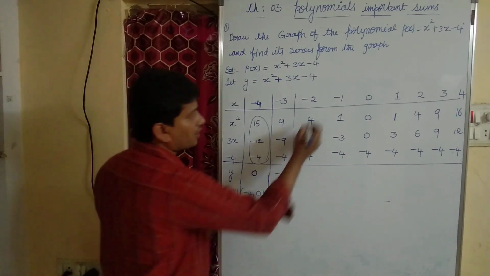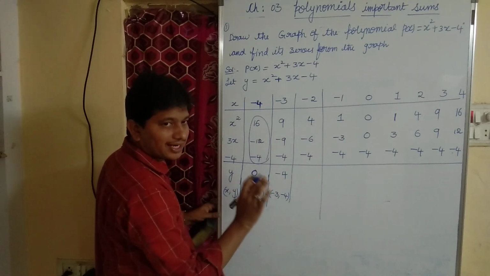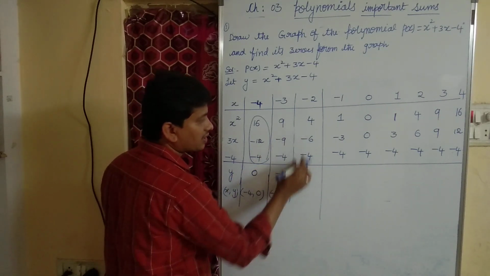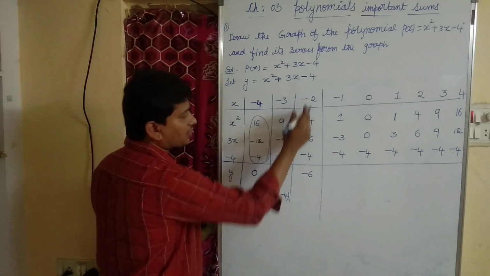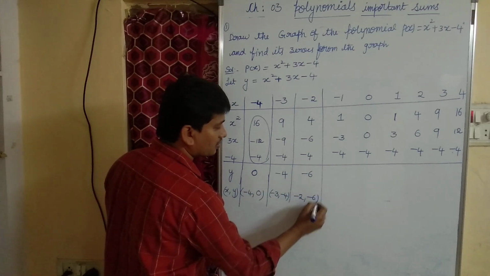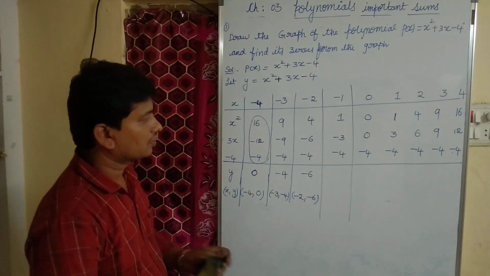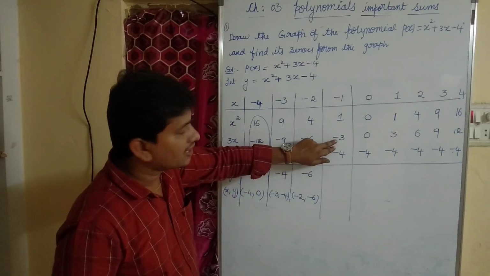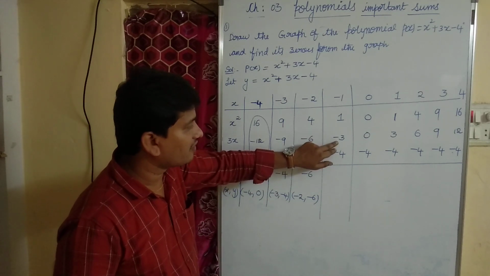Now coming to the third term, plus 4 minus 4 gets cancelled. We have minus 6. So x value is minus 2 and our y value is minus 6. Now coming to the fourth term, minus 4 minus 3, same signs, we should add. 4 plus 3 is 7, so minus 7.